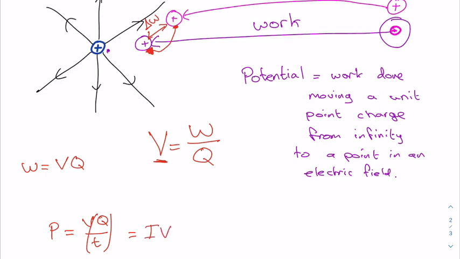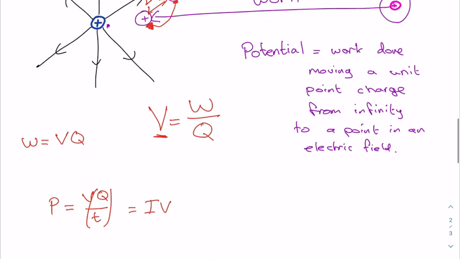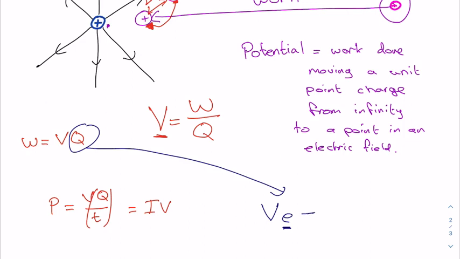So then if you're moving electrons around, or you're accelerating a particular amount of charge, then if you take an electron, we know the charge that an electron has. So we know what Q is. And so if we accelerate an electron, with minus 1.6 times 10 to the minus 19 coulombs of charge, through a potential difference of 1 volt, then we give that electron a certain amount of energy.